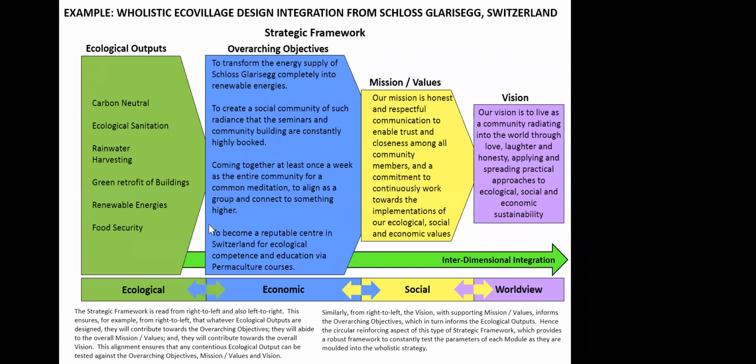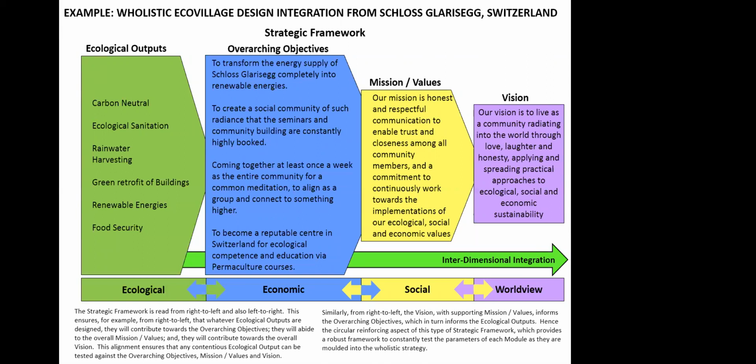So this strategic framework is read from left to right and also from right to left. In other words, it's all integrated and aligned. So for example, let's just say that your ecological outputs start changing a little bit insofar as food security is concerned, where you start coming across these new hybrids and GMO seeds that promise wonderful yields, and some team member is adamant that this is going to work.